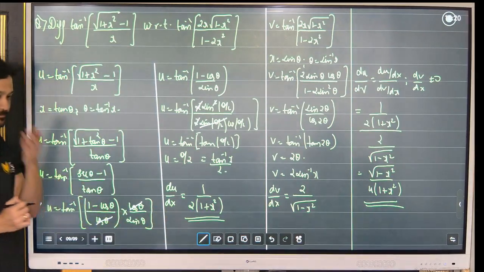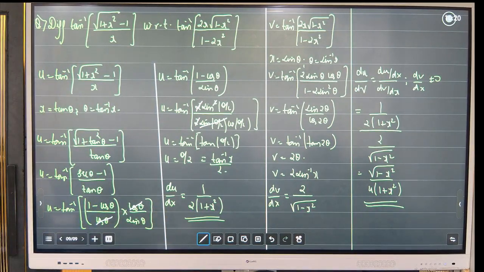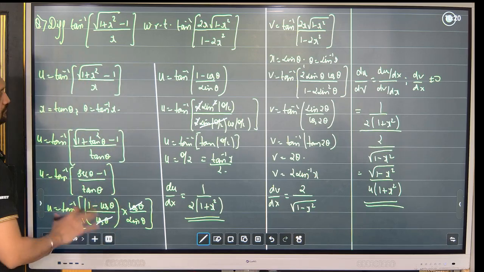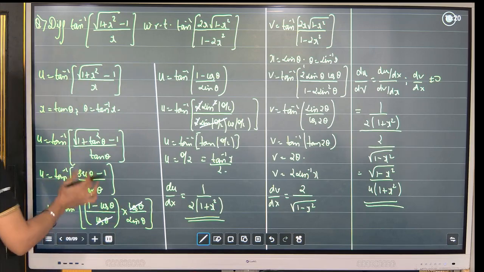Have you guys understood this? Yes. Anybody has any problems? Okay. So this is where your parametric function gets over, along with substitution and everything.